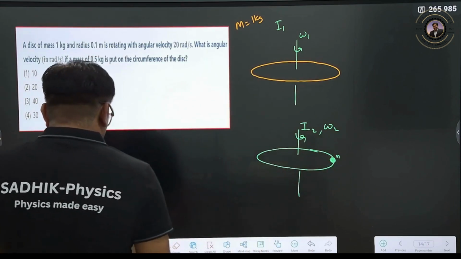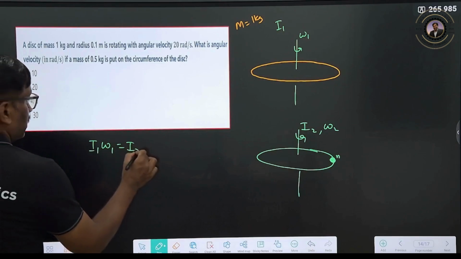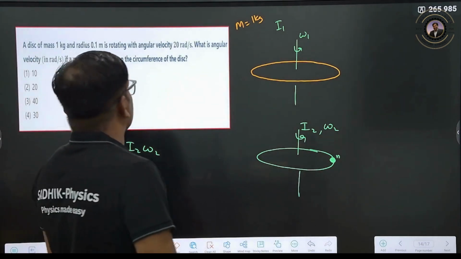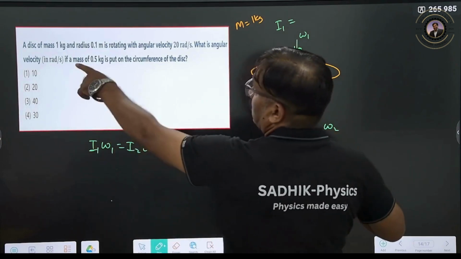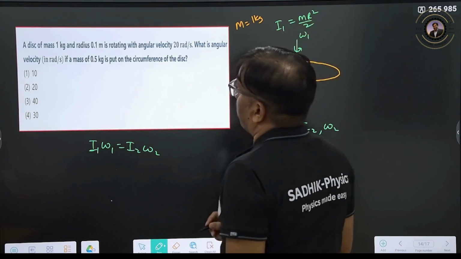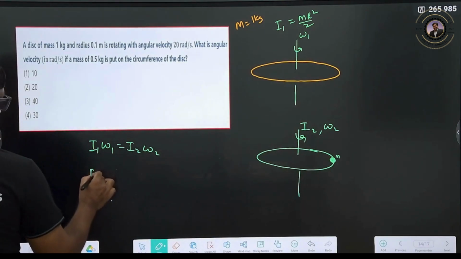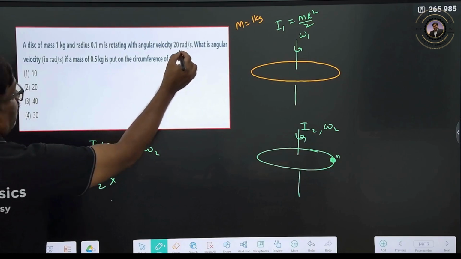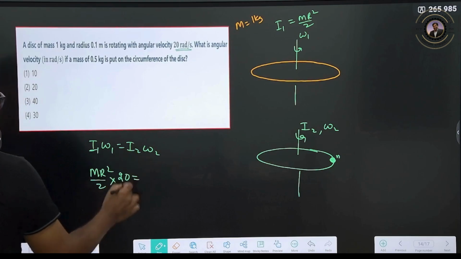So you can use conservation of angular momentum: I 1 omega 1 is equal to I 2 omega 2. Clear? First let us write down I 1. It is a disc, therefore I 1 is mr square by 2, into the angular velocity, 20 radians per second.